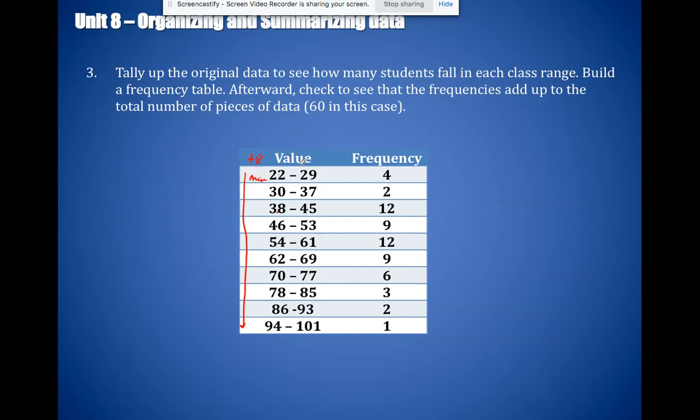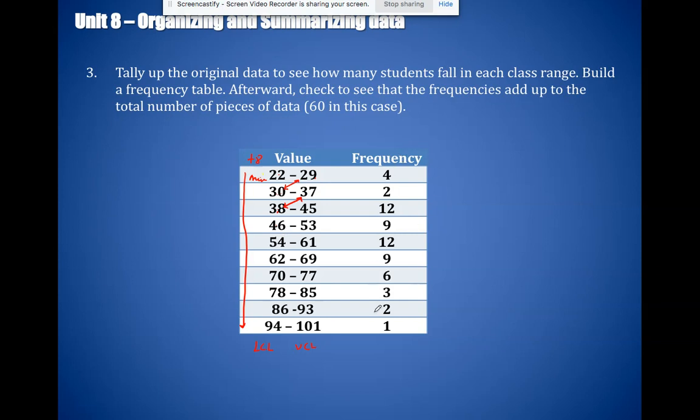Then I went and backfilled the upper class limits, right? If 22, I filled in 22 here, I added 8 and I got 30, well then 29, right? So there's only a distance of 1 between here, right? If I was 38, then the upper class limit of the previous class was 37, and so on and so forth.